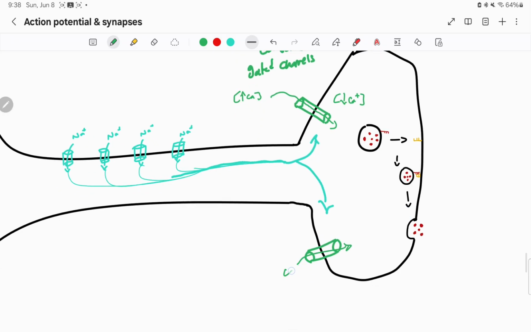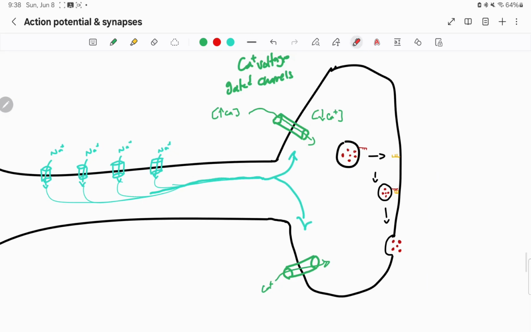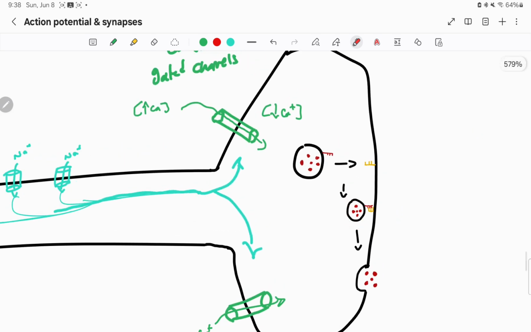Okay, same thing here. Now you might be thinking, hey, why would I even want this to happen? What good is calcium to me? Well, inside of the synaptic terminal, we have neurotransmitters stored, right? Remember that? We've talked about this many times. But where are these neurotransmitters actually stored? They're stored inside of these storage vesicles. If you remember, vesicles, in order to secrete their contents, have to fuse with the cell membrane. Well, that required V snares and T snares, okay?